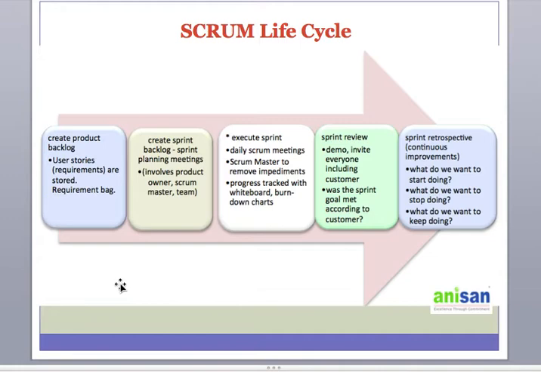The scrum master will help or guide you, and if there are any issues, will help resolve them. During the scrum meeting, three questions are asked: what did I do yesterday or before that sprint, what do I intend to do today, and what are the impediments? These three questions are asked and answered by everyone.